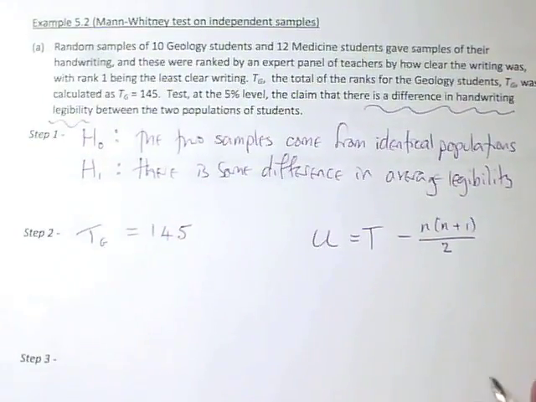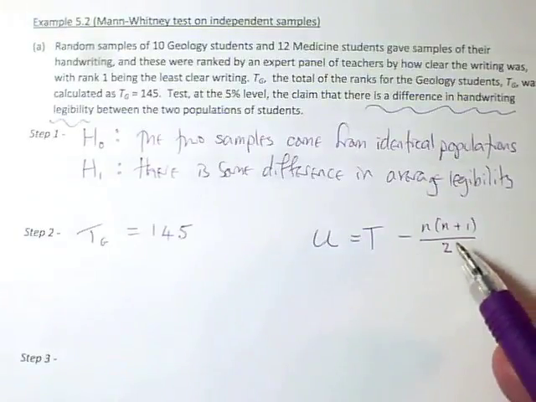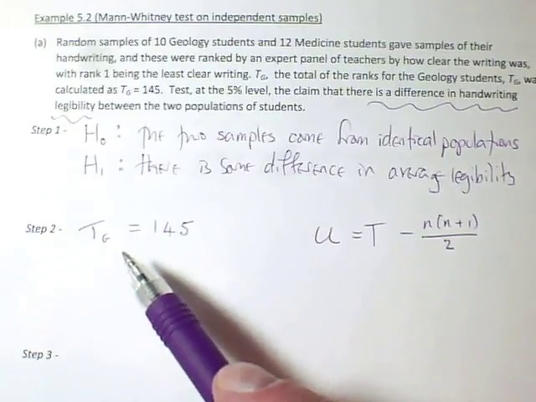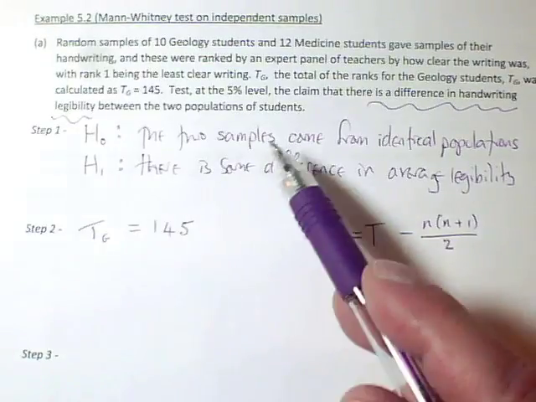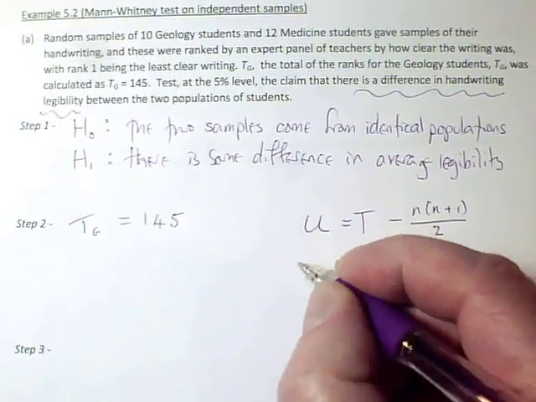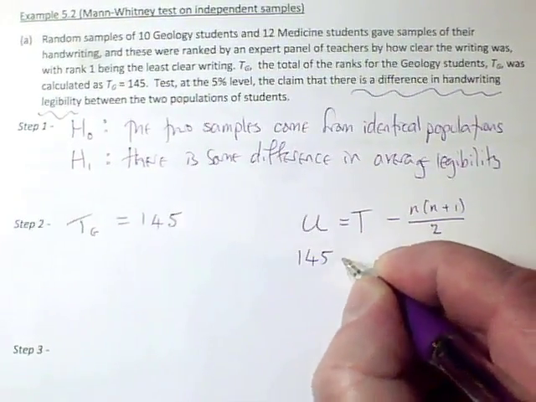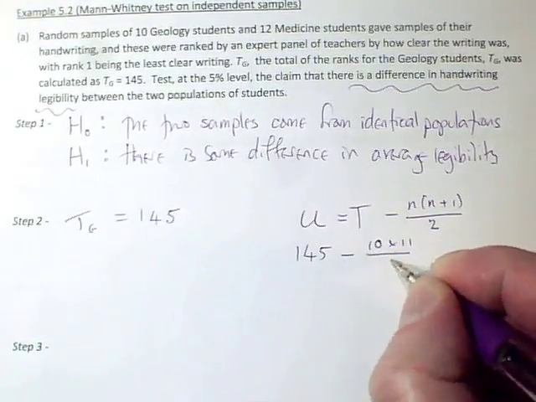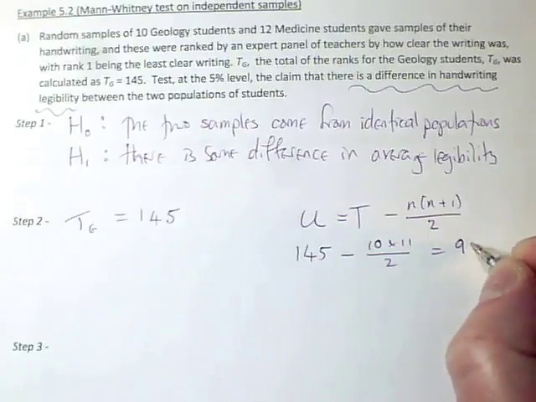For the data I've got, T is this value here. n is the size of that particular sample, so I've got to know how many geology students there were. There were 10. So I do 145 minus 10 times 11 over 2, which gives me a value of 90.